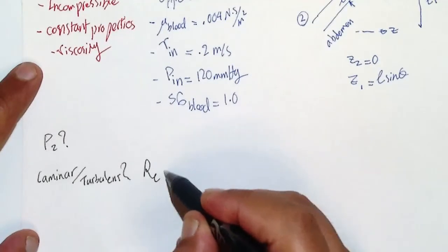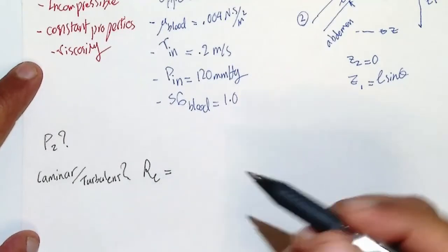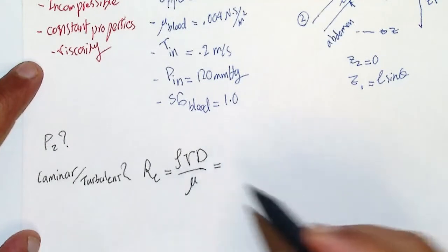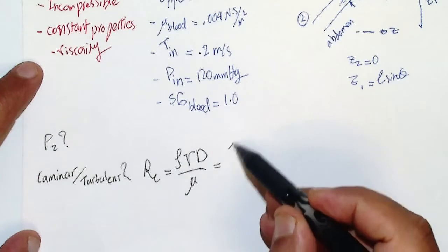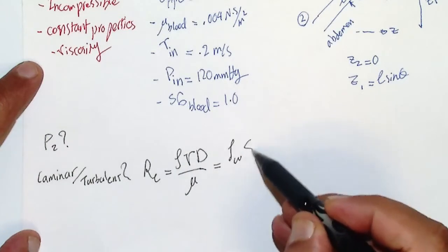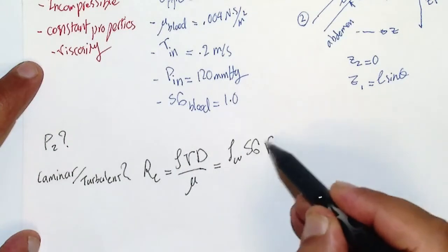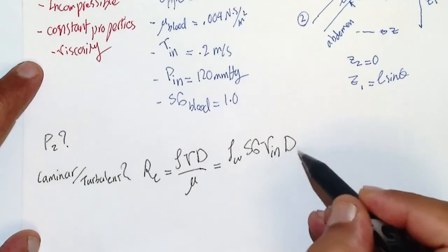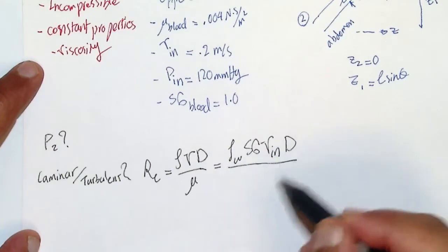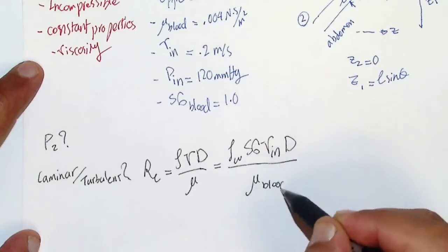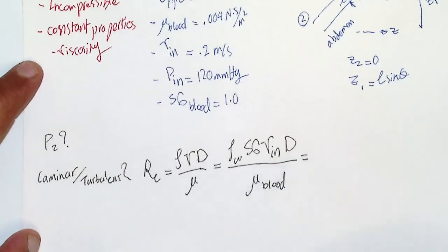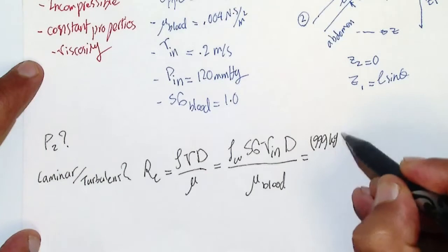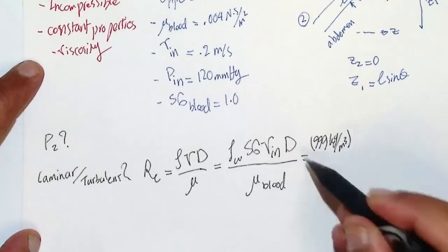Find the Reynolds number and compare it with the critical Reynolds number, right? Reynolds is rho V D over mu. Also, rho of the blood is going to be rho of water times Sg, times velocity V in, times diameter of the artery, over mu of the blood, right? If you replace this, it's going to be 999 kilograms per meter cubed for rho of water.